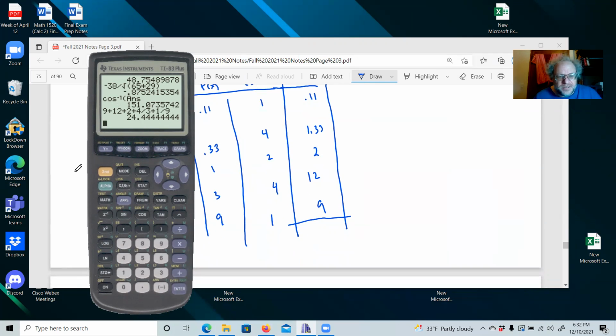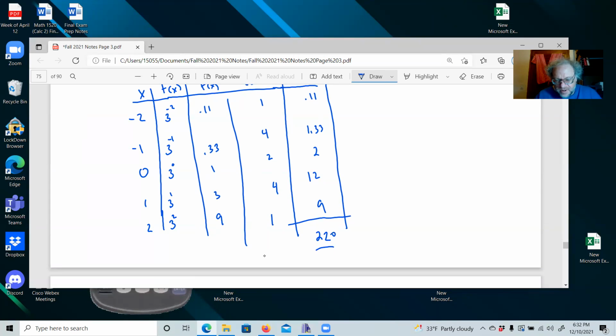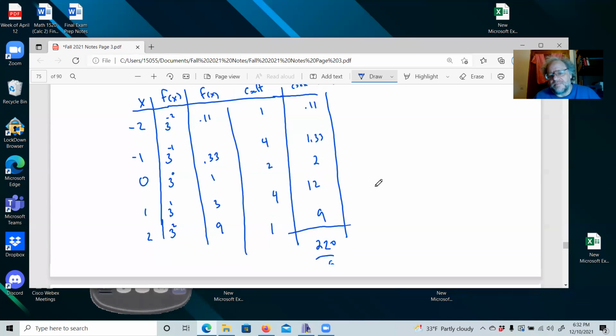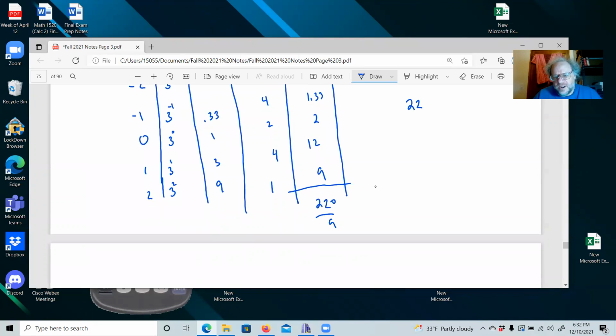What's this? We could do math to take it to a fraction. So this is 220 divided by 9. Why would you do that? Well, remember this 1/3 out in front? So this is 220 over 9 times 1/3.